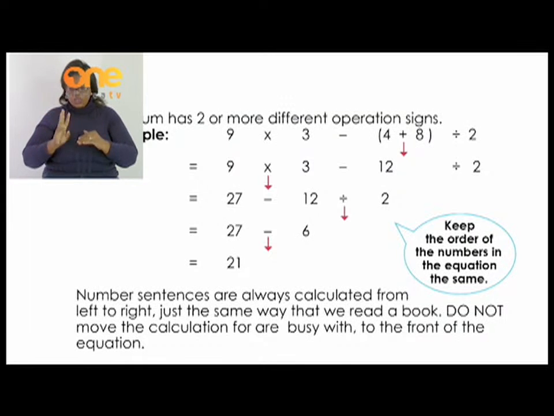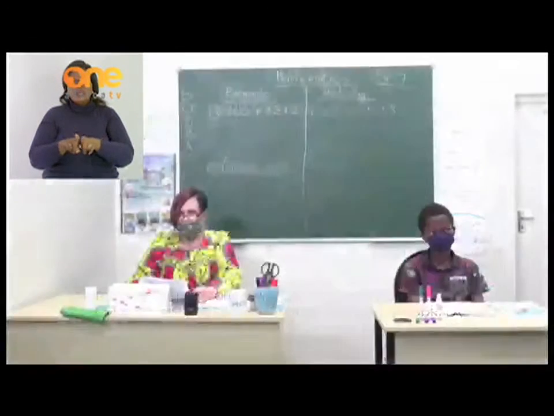And my last step is when I finalize my operation. So 27 minus 6 is equal to 21. Remember, keep the order of the numbers in the equation the same. You don't change the number until you have done the equation. Number sentences are always calculated from left to right, just the same way that we read a book.